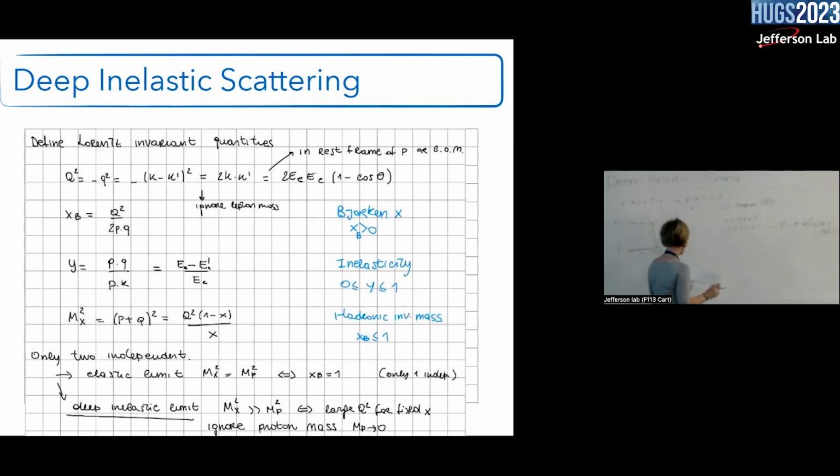Another variable that you will see a lot that comes just from the kinematics is XB, the Bjorken X, which is Q squared divided by 2P dot Q. Okay, the P is this, Q is this, okay?